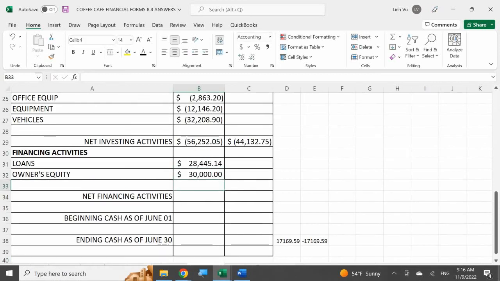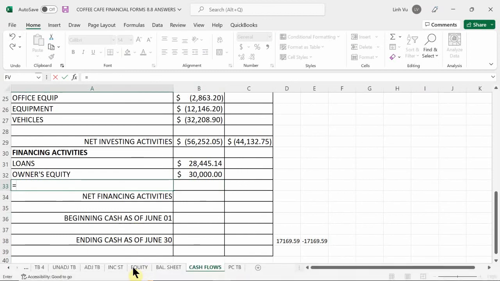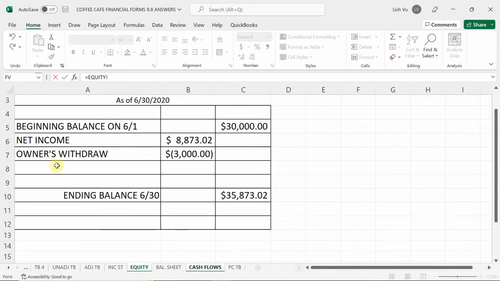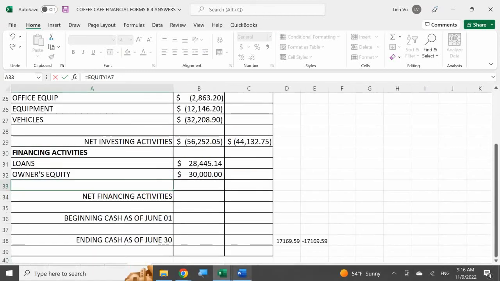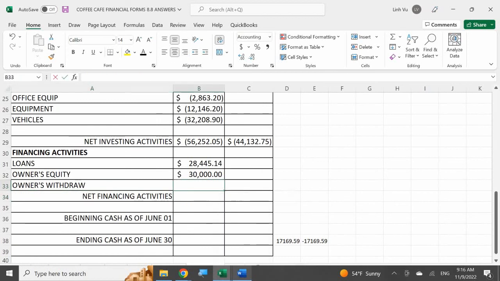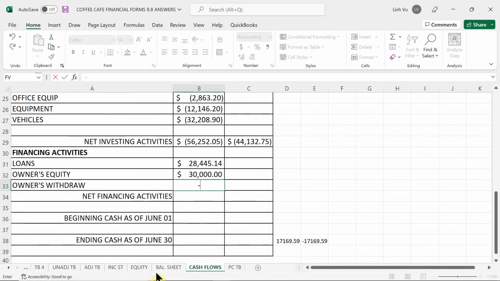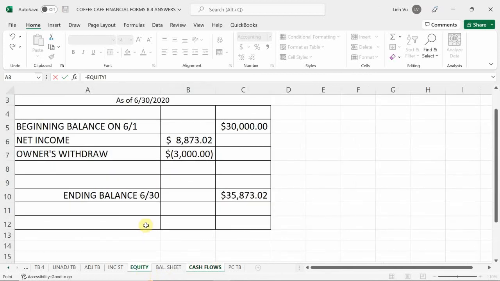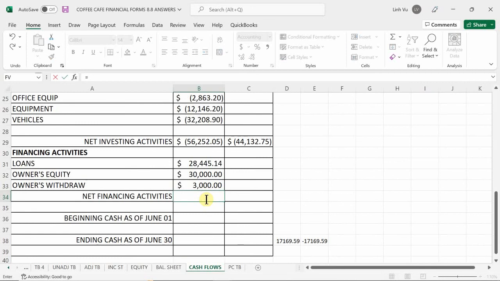That is money I put into the business. I finance my own business. But I also end up taking money out of my business, so I have to subtract this $3,000. Technically I invested $30,000, but I took away $3,000. I have to fix that because it's supposed to be negative.